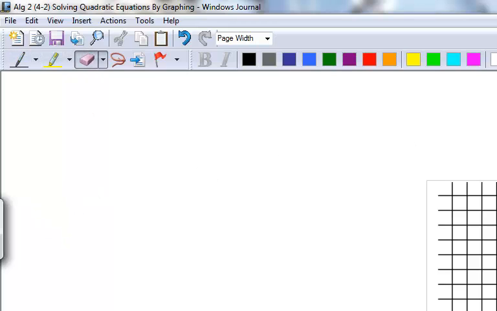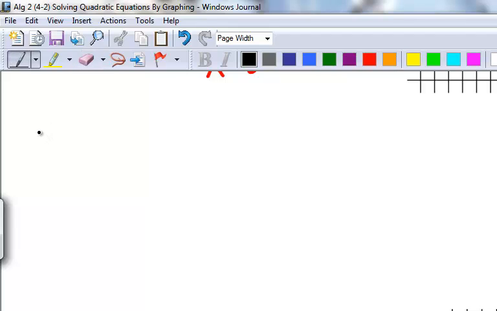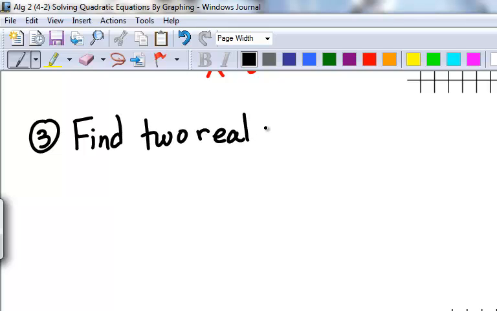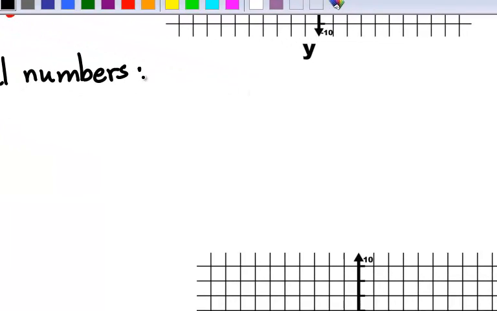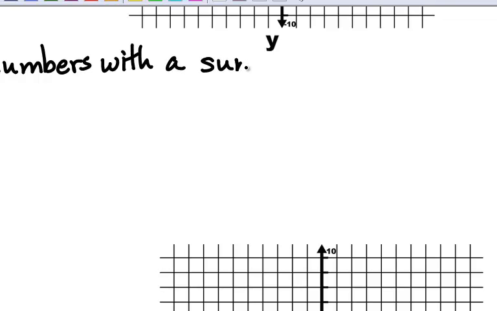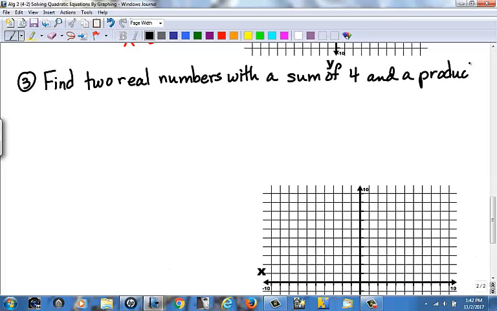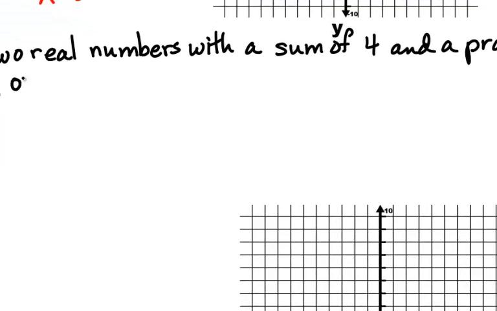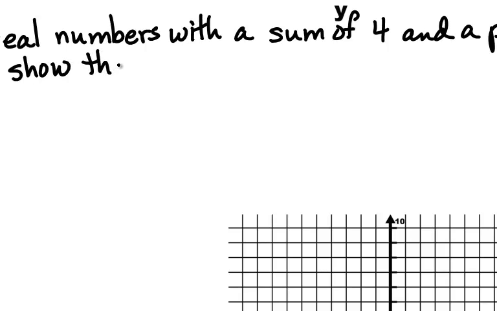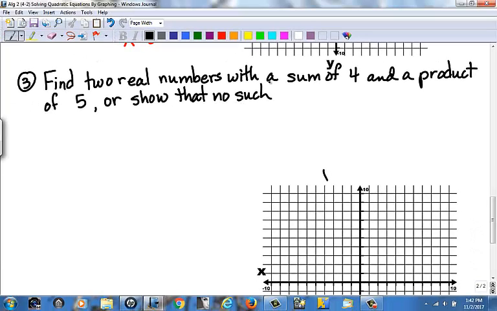The directions on this one say: find 2 real numbers with a sum of 4 and a product of 5, or show that no such numbers exist. And then graph the function.